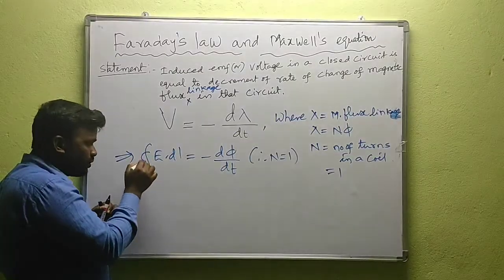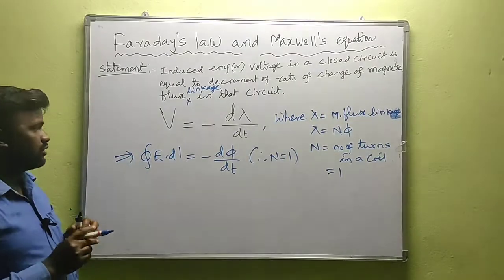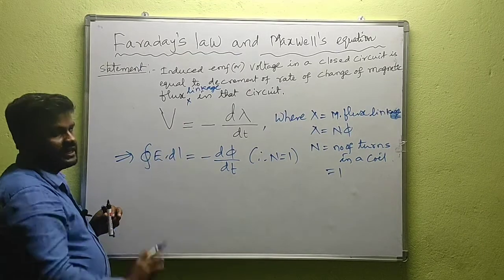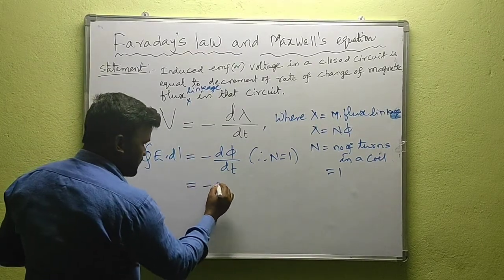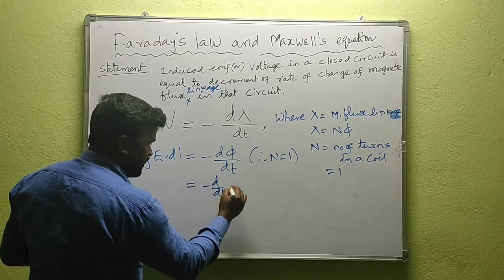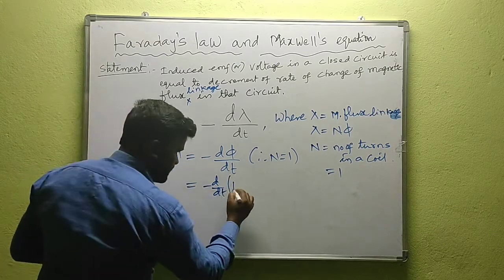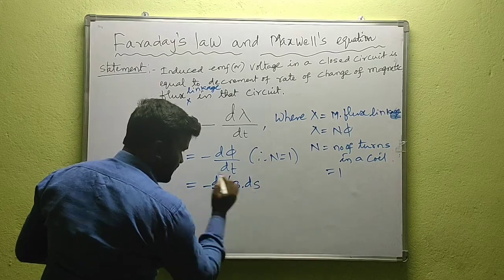We have the closed path. That's why we need to take the closed line integral. Now we can write this as minus d by dt of phi. So magnetic flux can be written as the integral of B dot ds.